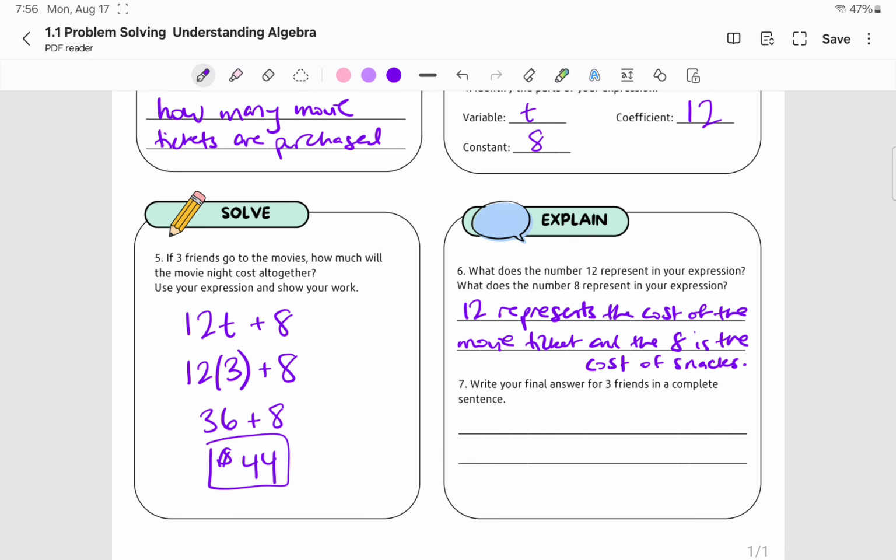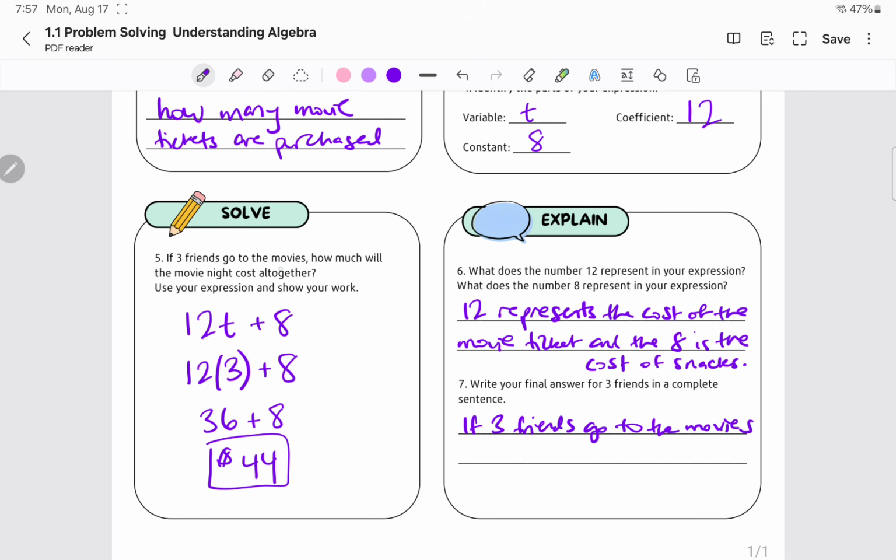Now we're going to write our final answer for 3 friends in a complete sentence. What you do is change the question into a statement. The question word is how much, so we take the question word out. That's what it means to restate the question as a statement. So we say, if 3 friends go to the movies, all we're doing is taking the words from the question.